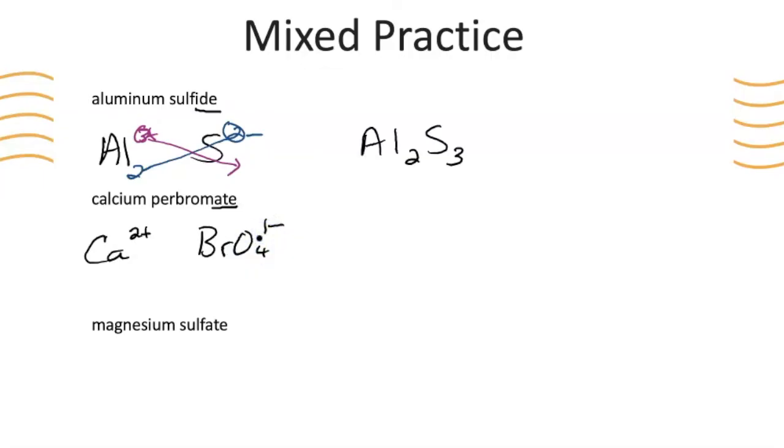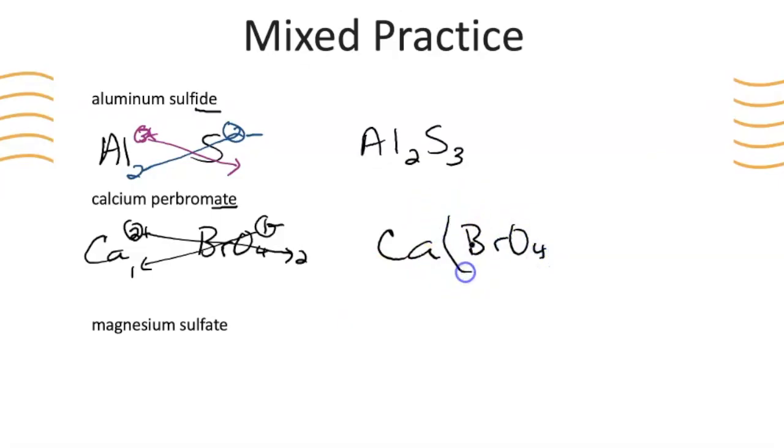And remember, when there is only the sign, then it's understood to be 1. We're going to switch these out. And therefore we have calcium, and since we have 2 of these, we need to use our parentheses and put the 2 on the outside to indicate that we have 2 complete polyatomic ions in this compound.